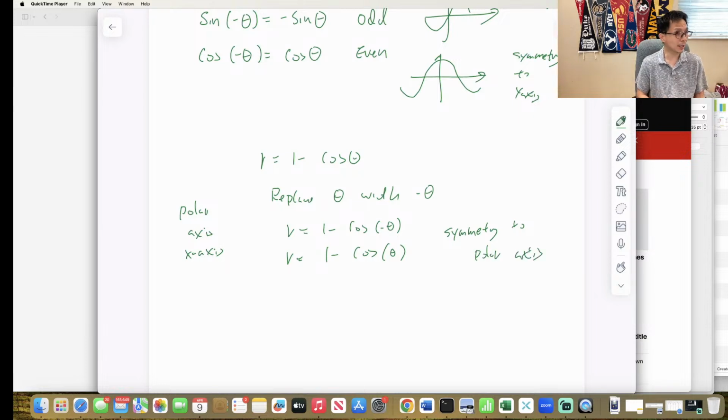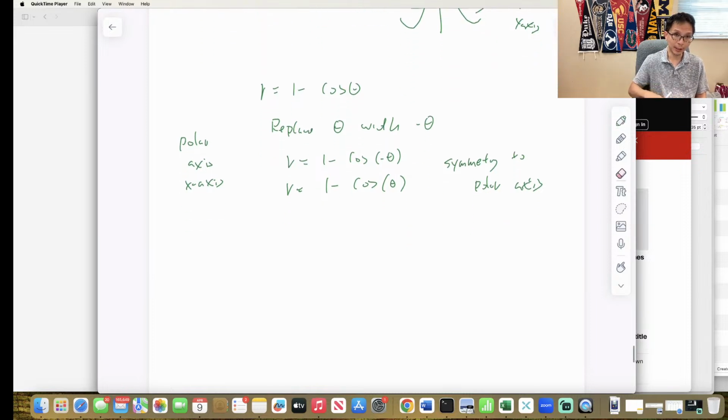Now you gotta test the other one as well. So let's test the other one. You test for theta equal to pi over 2, which is y-axis. That means you have to replace both r and theta. So I'm going to replace that. It's going to be negative r equal to 1 minus cosine of negative theta. Whatever I change, I'm going to write in red so that way you know you replace that with negative r, negative theta.